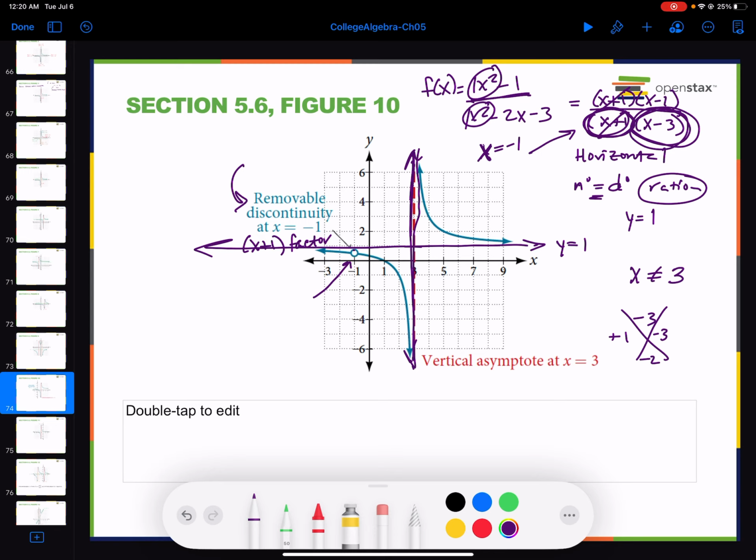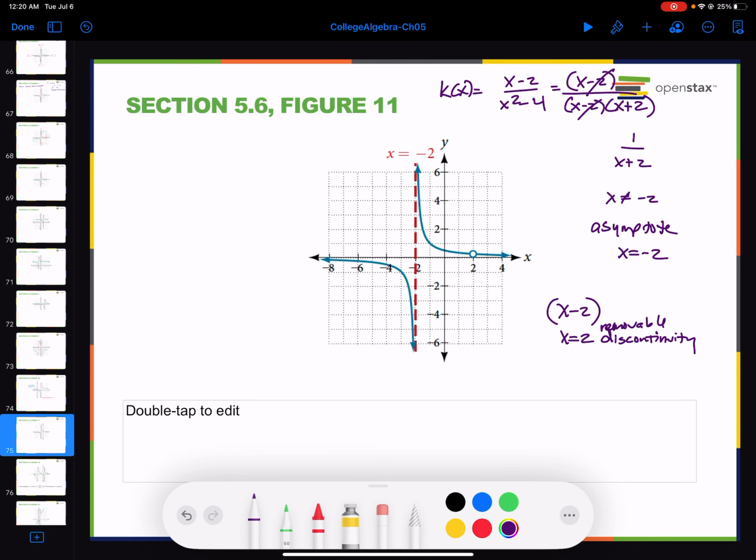So we end up with this little hole right there at the x equals negative 1 value. And we won't go into this anymore in the class, but if you see that little open dot there, that's what this is talking about. Because we factored it out, it doesn't really apply so much. You may not even see it if you graph it using a graphing calculator or some other graphing utility, but know that it is there.